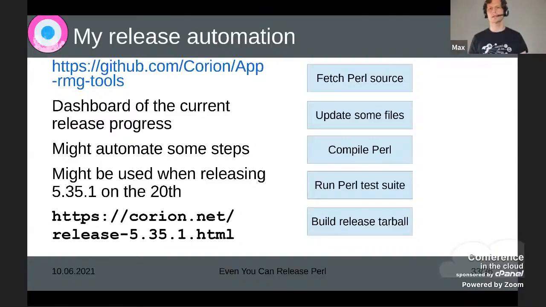So recognizing which step you are at in the release manager's guide only through a Perl program, or through any kind of program looking at the file system, is unfortunately not possible. So I'm not sure if that dashboard can really be used to automate more steps of doing a Perl release.